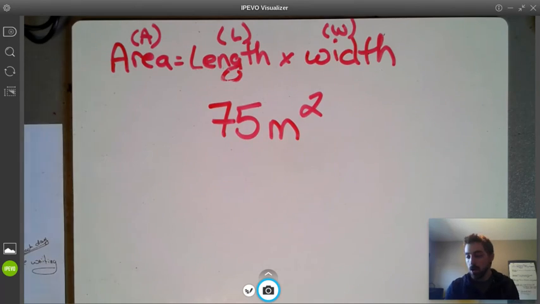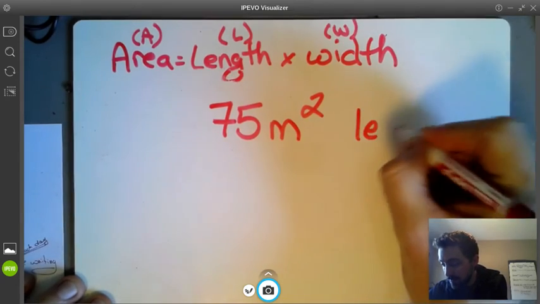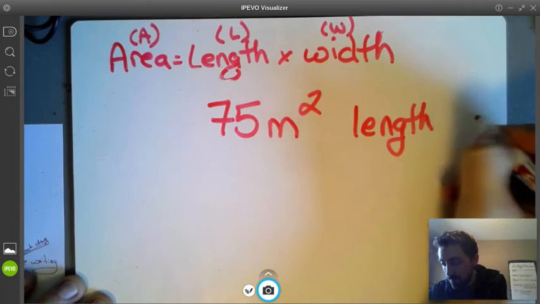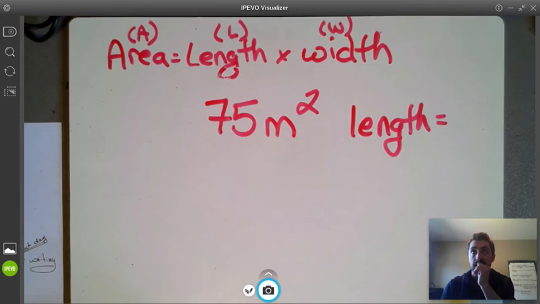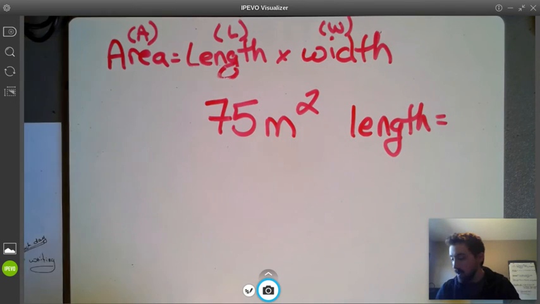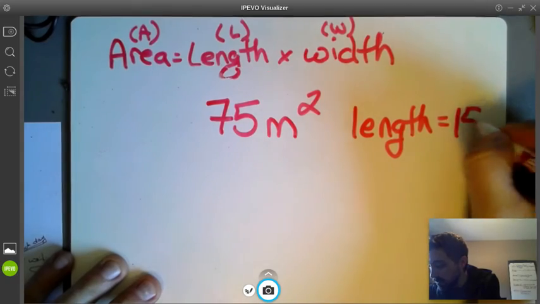You already know that the maximum length that you can make your yard would be, let's say, the maximum length that you can use is 15 meters.